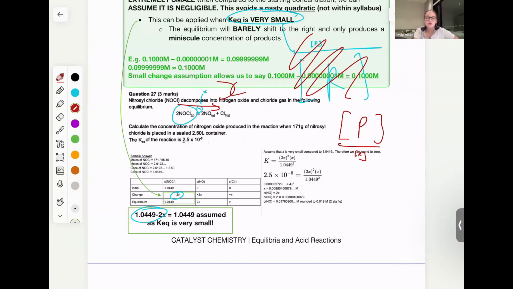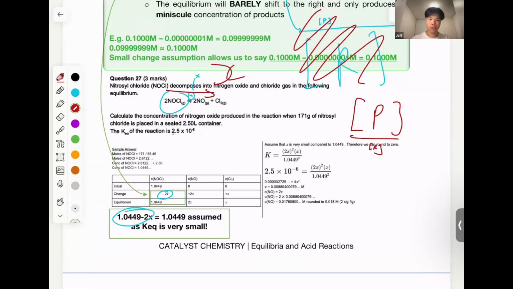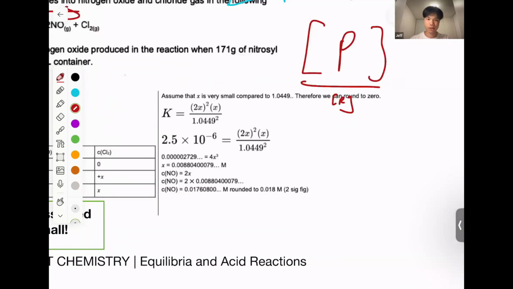When you're using the small change assumption, would you say the change is negligible as the KEQ is really small? Correct. You would write that right after you apply it. Just justify it when you do it.